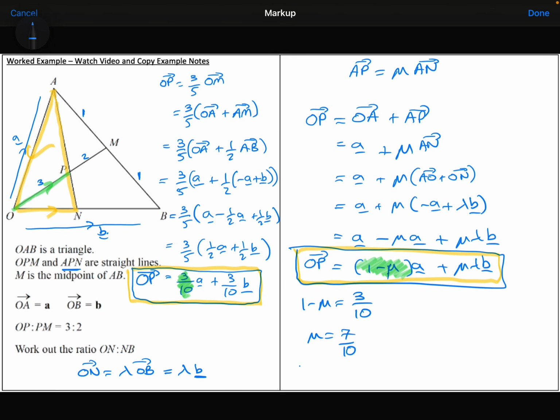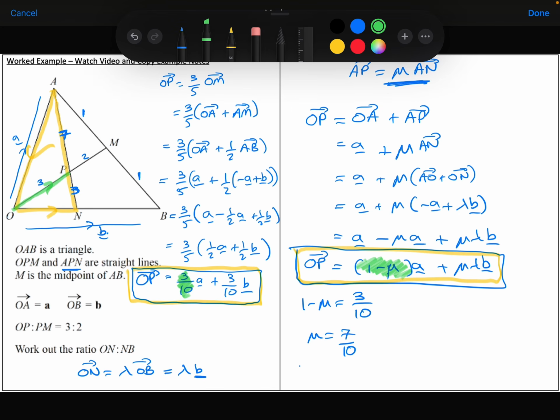So what that's saying is that, remember, mu was the fraction of AN that was the vector AP. So it's saying that A to P, this part is 7 parts of the vector. This part was 3 parts of the vector, 7 out of 10. But more importantly, we can use that to help us to answer the question, because I can now compare the B parts. 3/10 has to be equal to mu lambda.